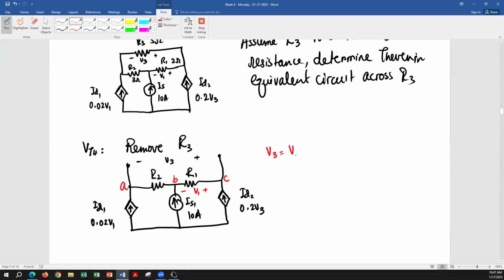V3 is the difference between the two voltages, VC and VA.